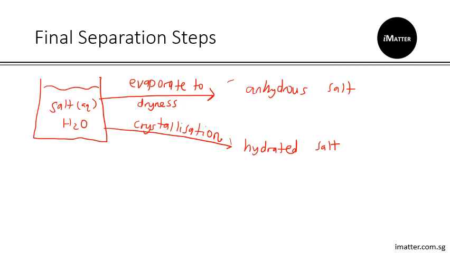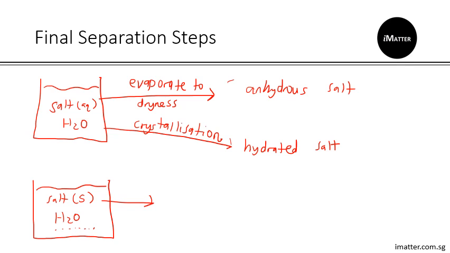Now the other situation is for method 3. Now for method 3, as mentioned, basically you have a salt, but in this case your salt is a precipitate, a solid, water and perhaps other stuff. So again, as mentioned earlier, you simply filter off and then you're left with residue. You're left with this residue containing your salt, which cannot dissolve in water, so it doesn't pass through the filter paper.